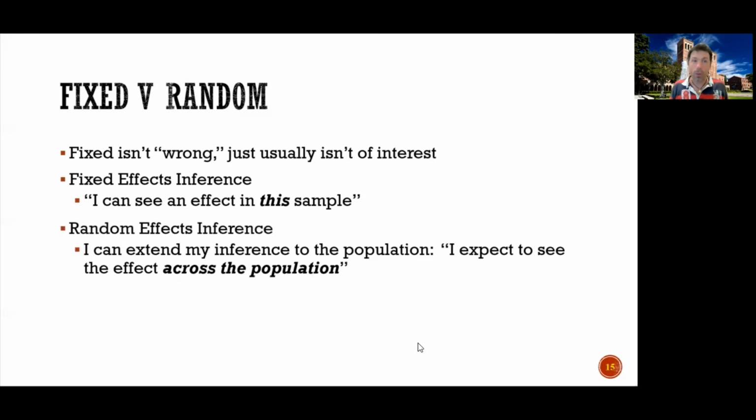That is what you usually want to do. You want to be able to say, okay, I see the effect in these 20 people. It should generalize to anybody that falls inside this population.